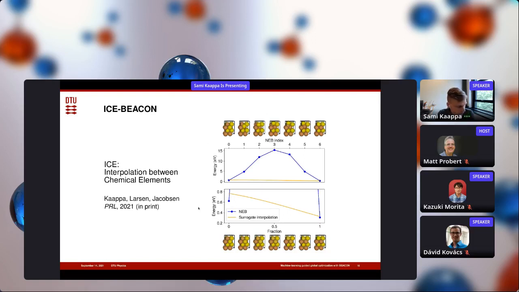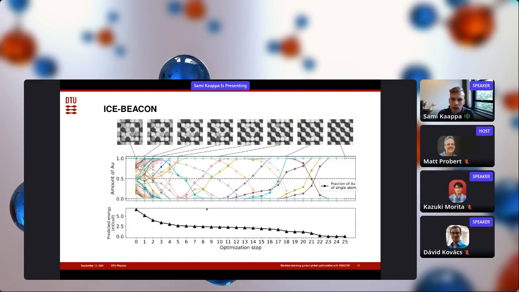So we can optimize the ordering by interpolating in this chemical element space. And this is basically what it means in practice. So this is also a copper-gold system, and we start with random fractions, which we then optimize here along the x-axis, and we finally get to the true global minimum structure, which is this kind of layered thing.